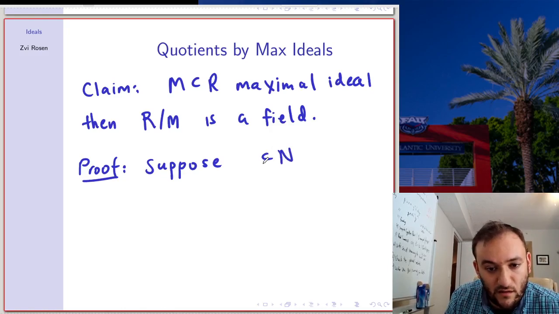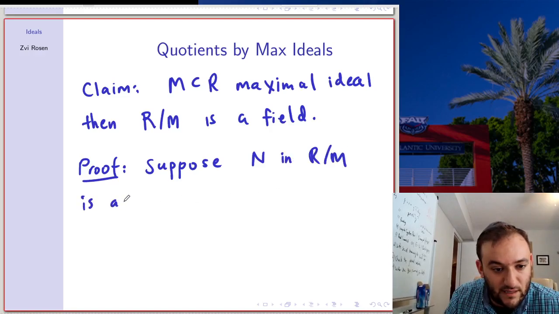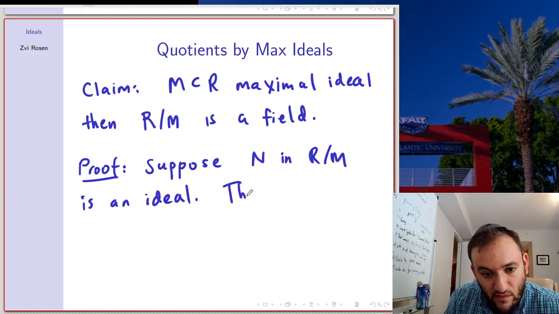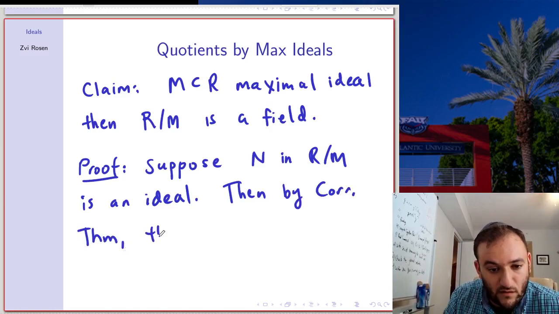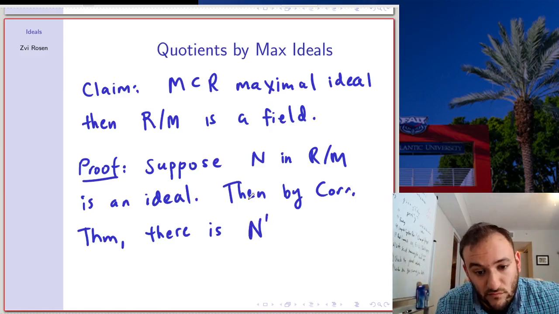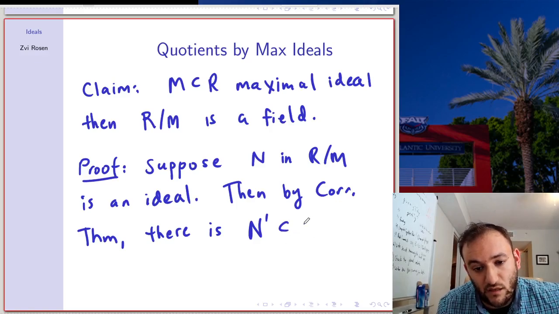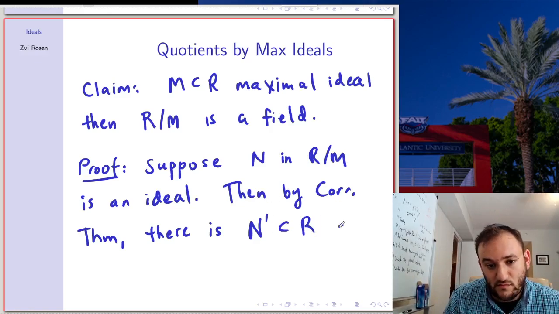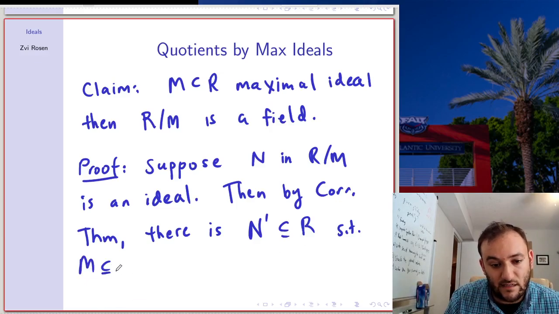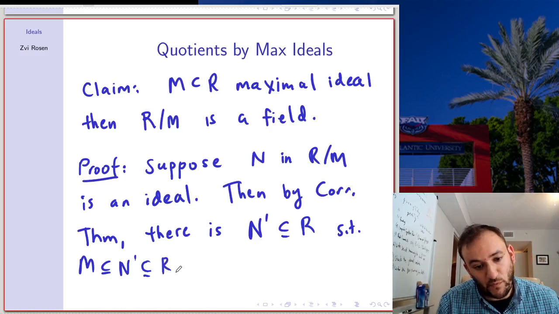Suppose N is an ideal in R mod M, then by the correspondence theorem there is N prime in R such that M is contained in N prime, which is contained in R. Okay.